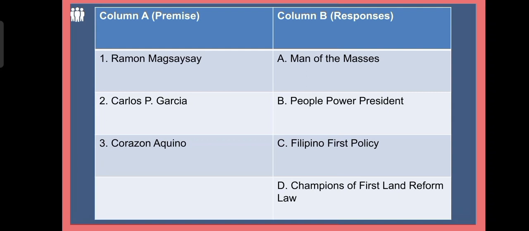This type of matching activity can be useful for testing knowledge on different topics or for reinforcing concepts learned in class. It requires careful reading and attention to ensure that each premise is correctly matched with its corresponding response without repeating any responses.